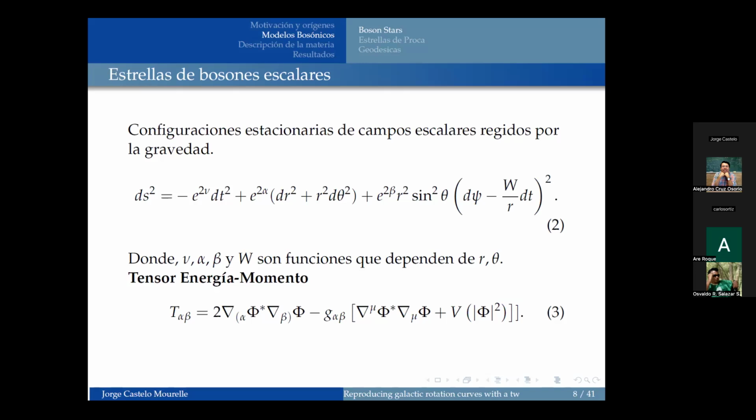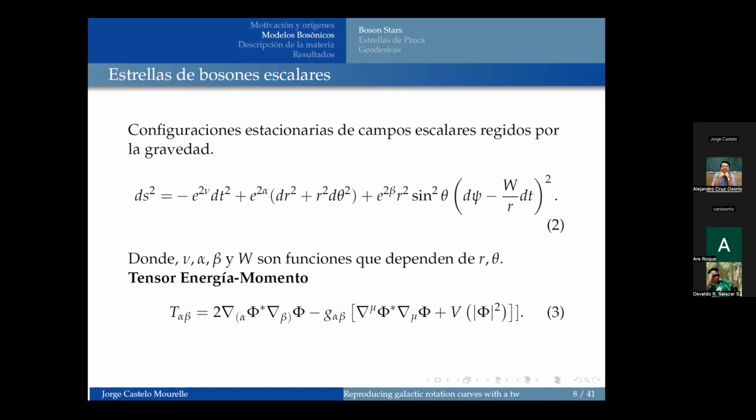This is the potential, and this potential depends on mu. Mu is the mass of the boson, and everything scales with the mass of the boson. That means we can change this mu and then obtain objects from different regimes, from sizes like neutron stars to sizes of galaxies.